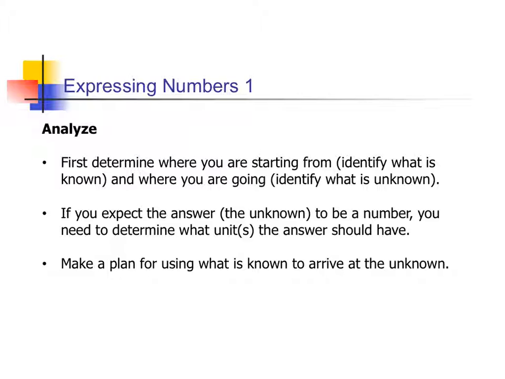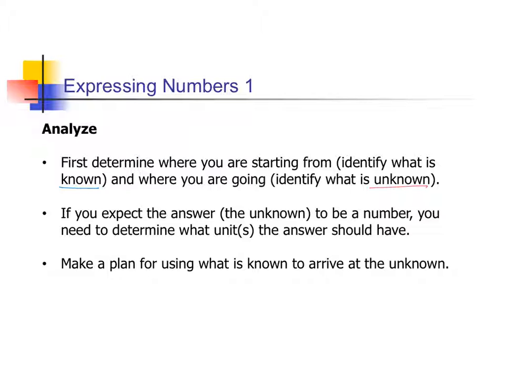The analyze part, what do we do? We determine where you're starting from, figure out what you know and what you don't know. In some cases, what you know is pretty easy, but what you don't know can sometimes be tricky, and knowing where you're going to go with that. If you have an expected answer, when it says, what is blank?